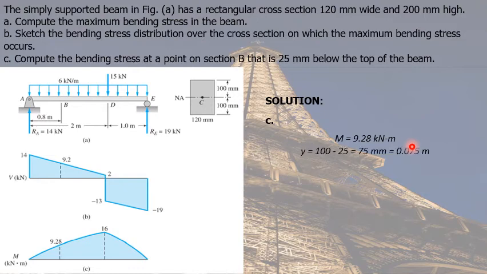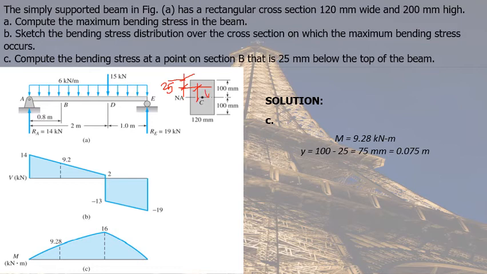Next, we determine our Y. So the point of consideration is 25 millimeters below the top of the beam. So this is 25 millimeters. And the Y we're referring to is the distance from the neutral axis to that point.